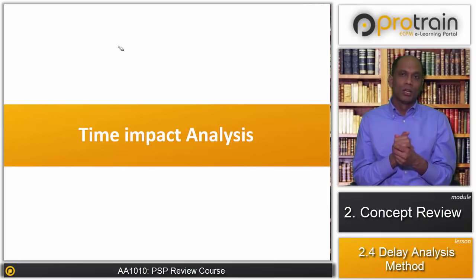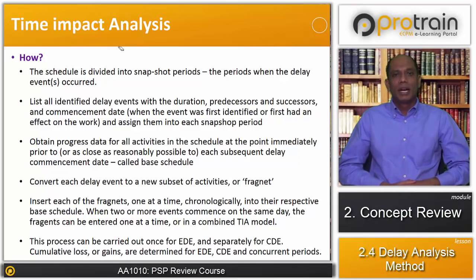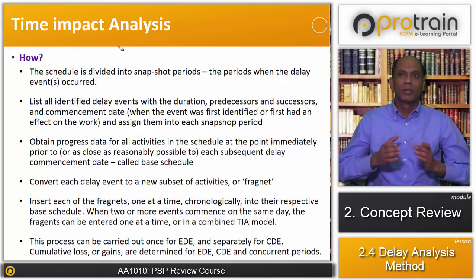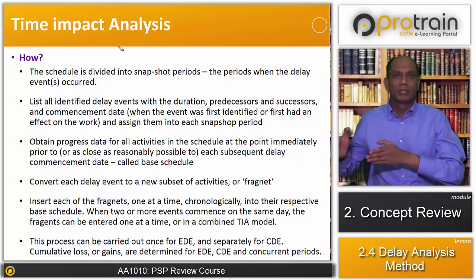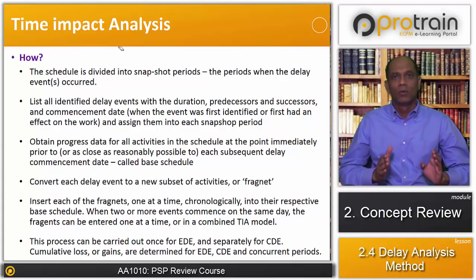Okay, so let's understand how the time impact analysis is carried out. The schedule is divided into snapshot periods, the periods when the delay events occurred. In order to perform the time impact analysis, the schedule can be divided into various time snap periods. Basically, this is a clubbing of the durations where the delay events occurred.